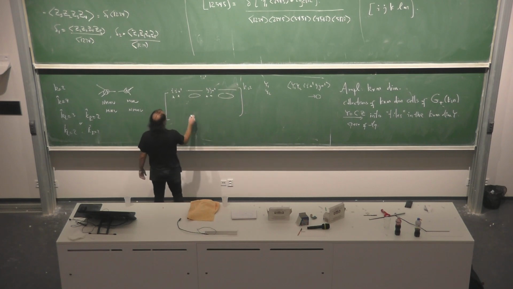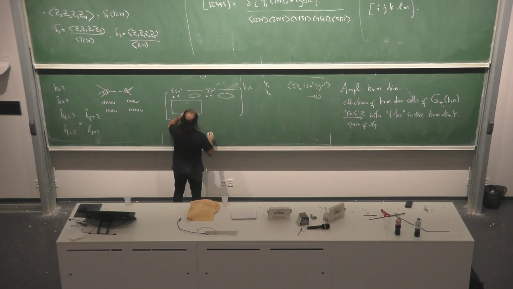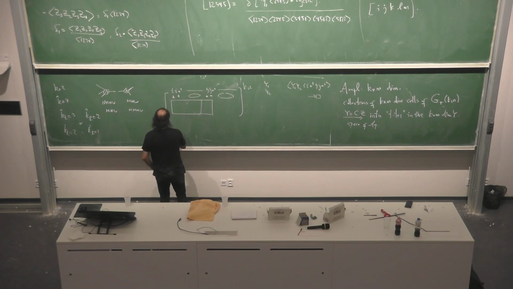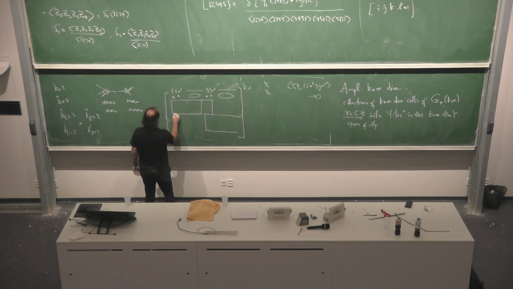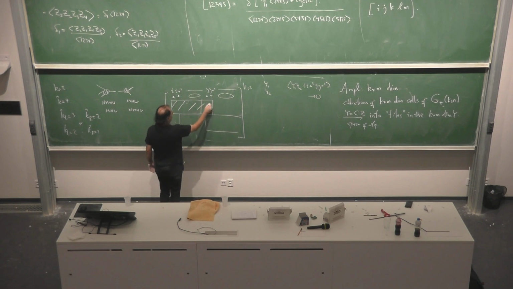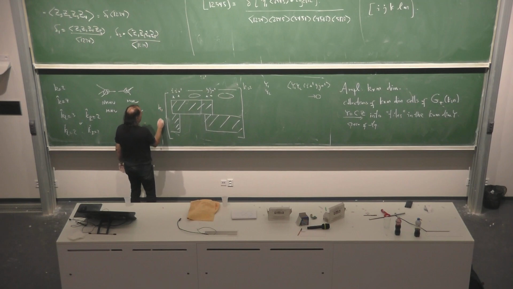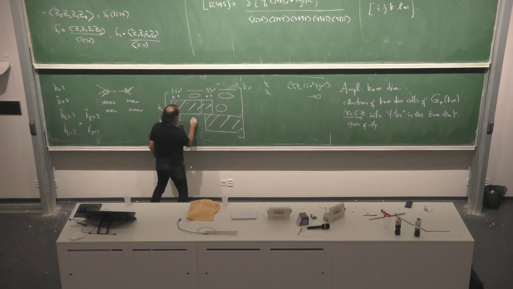And then it has one block that looks like that, and another block that overlaps on J, J plus 1, and another block that looks like this. And this is some K1 and some K2, and the rest of these blocks are 0.